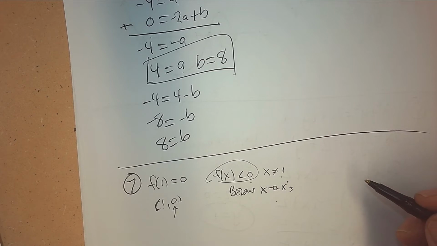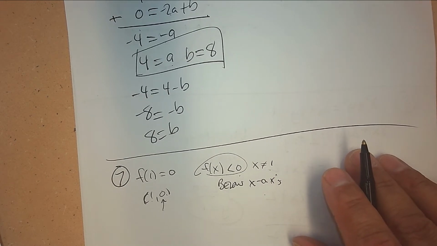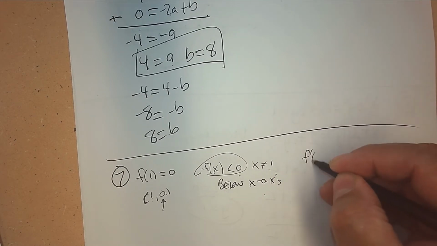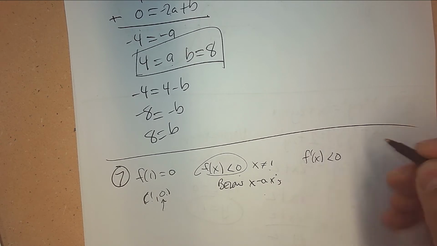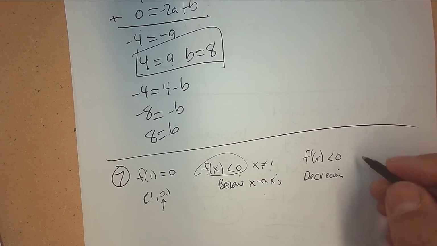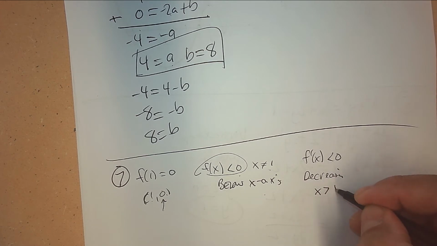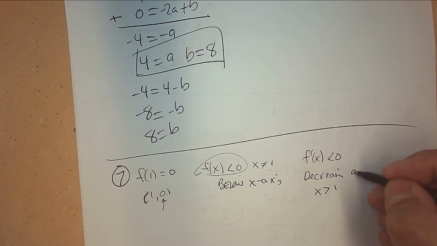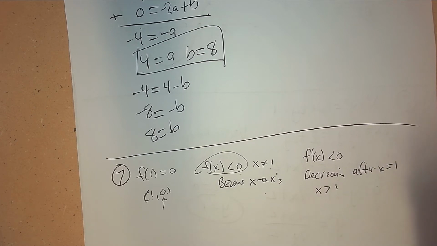Then if you keep reading, the derivative f prime of x is less than 0, so that means it's decreasing. When is it decreasing? When x is bigger than 1. So decreasing after x equals 1. What else does it say?